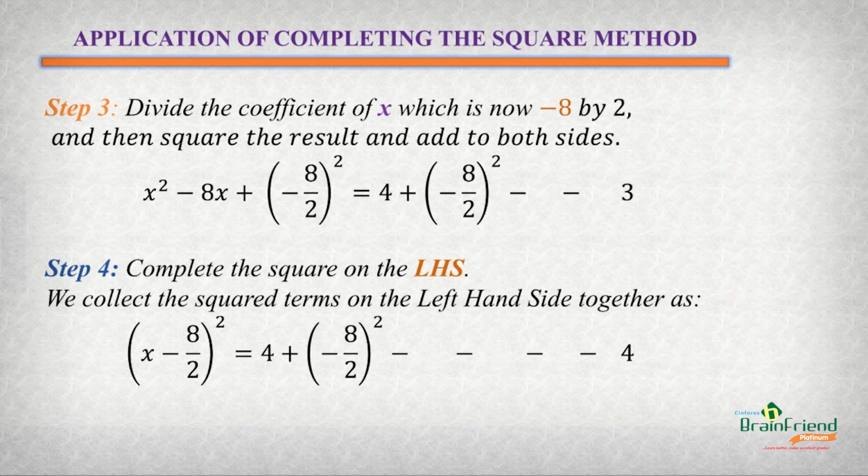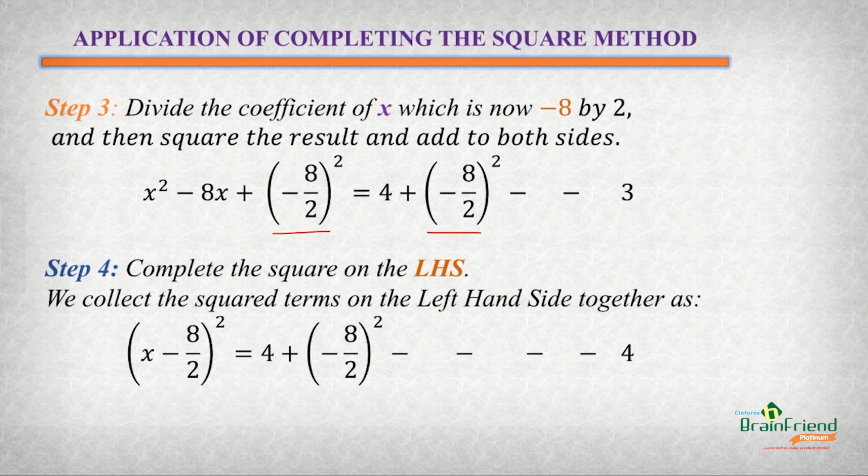Now our step 3 is to divide the coefficient of x, which in this case is now minus 8, by 2. When we do that, we have minus 8 divided by 2, and then next is to square it, which will now be minus 8 divided by 2 all squared, and then we add that to both sides. Now that is our equation 3.